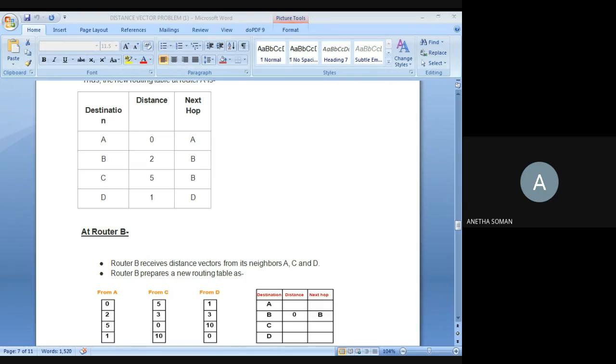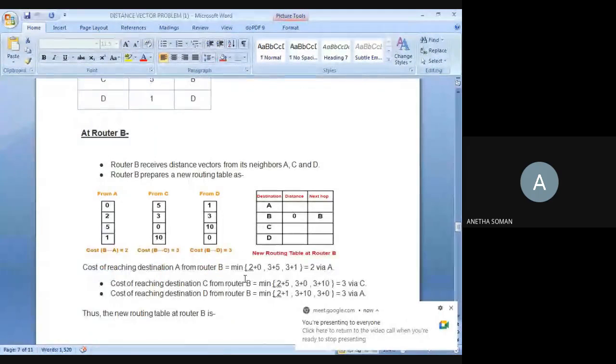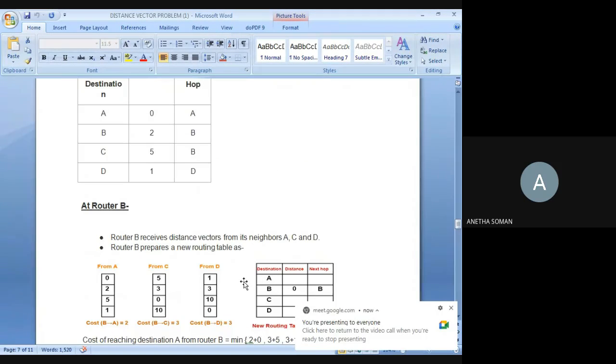What is the cost of reaching destination A from router B? Now, what is the initial cost? Fixed cost, you are getting it as cost of B to A will be equal to 2, cost of B to C will be equal to 3, and cost of B to D will be equal to 3. So what is the cost of reaching destination A from B?